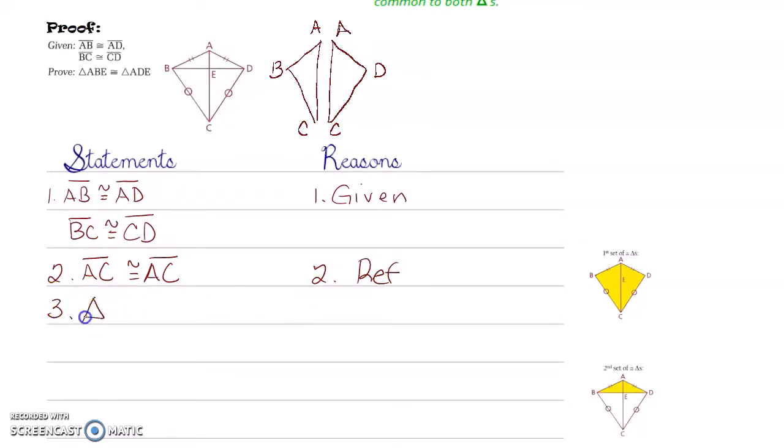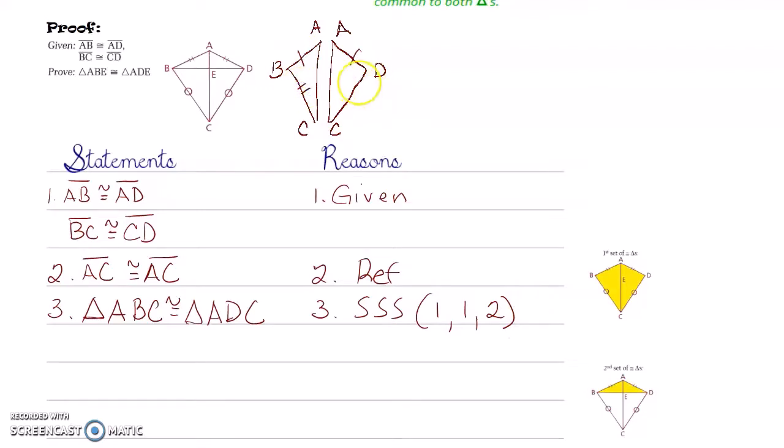And now we have triangle ABC congruent to triangle ADC by side, side, side. First side is in line 1, second side also in line 1, and the third side is in line 2. Now I want to be sure that I'm marking my diagram on these.